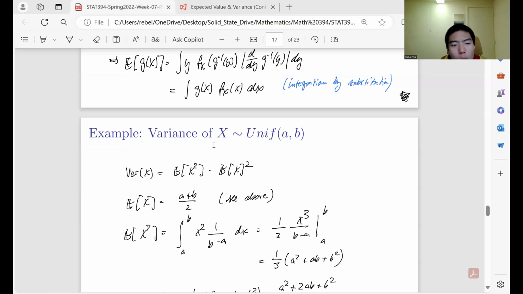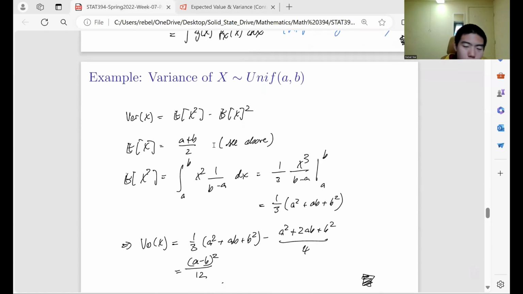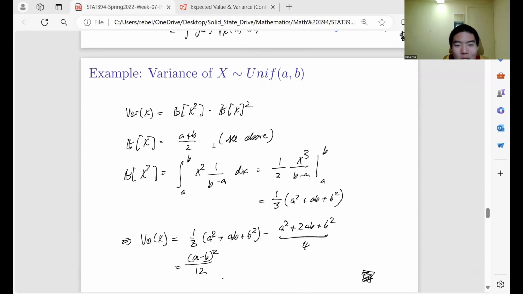So let's see one more example. Maybe the first example we saw, the uniform distribution on [a, b]. What's the variance of it? First we compute the expected value, as we have done before, and we use the expectation to compute the variance.